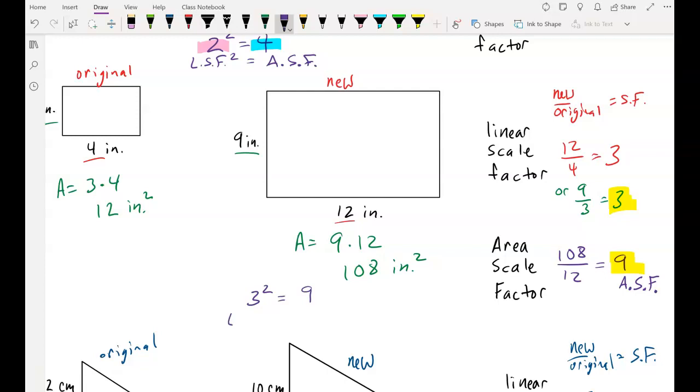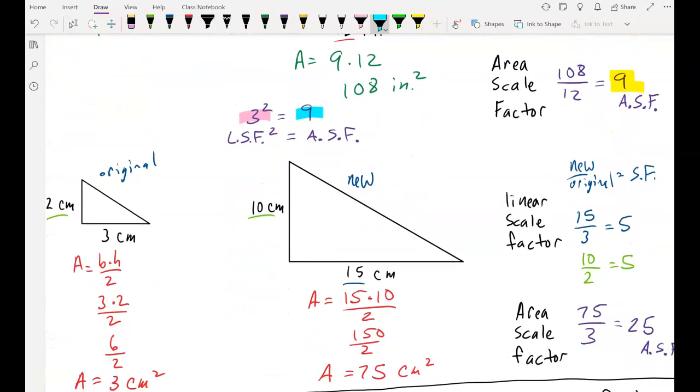So again, in this case, the linear scale factor, if we square it, is going to equal the area scale factor. It happened again. We squared the linear scale factor to get the area scale factor. Interesting.